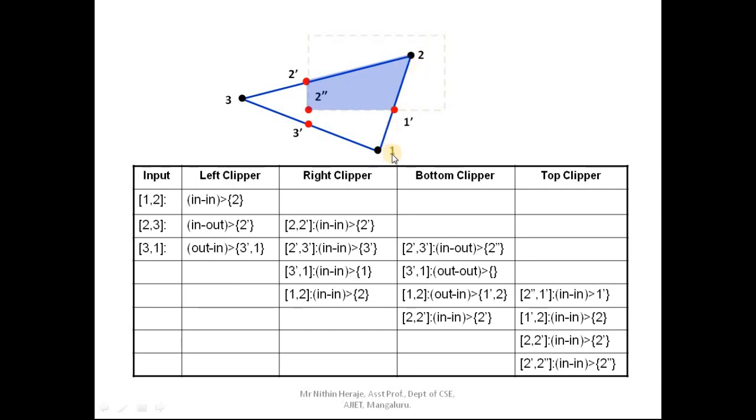This is 1 to 2, that is from outside to inside. When it is from outside to inside, you will have a new point 1 dash, and the output should be 1 dash and 2.